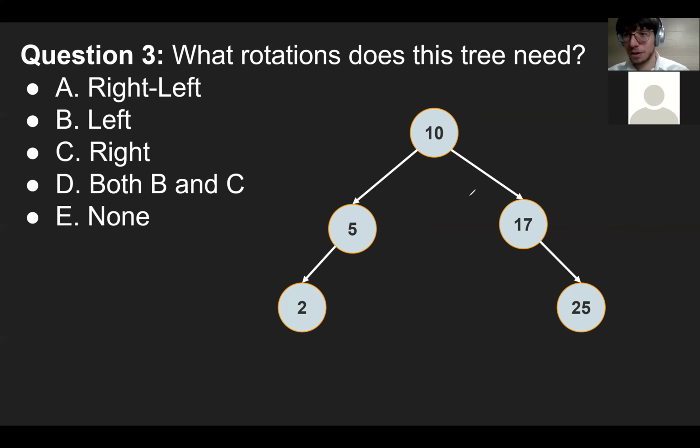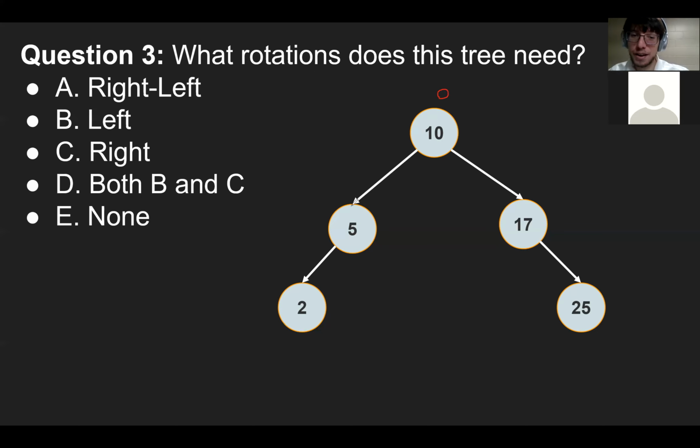This one is actually really tricky for sure. In order to know if it needs a rotation, we have to have a balance factor with magnitude at least 2. If the balance factor is only 0, -1, or 1, it's balanced. What we notice is the balance factor of the root is 0, because the height of left is 2 and the height of right is 2, so 2 minus 2 is 0.